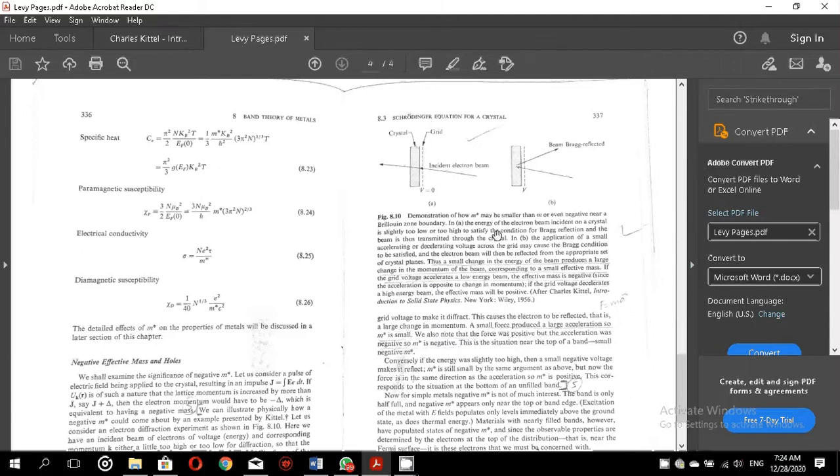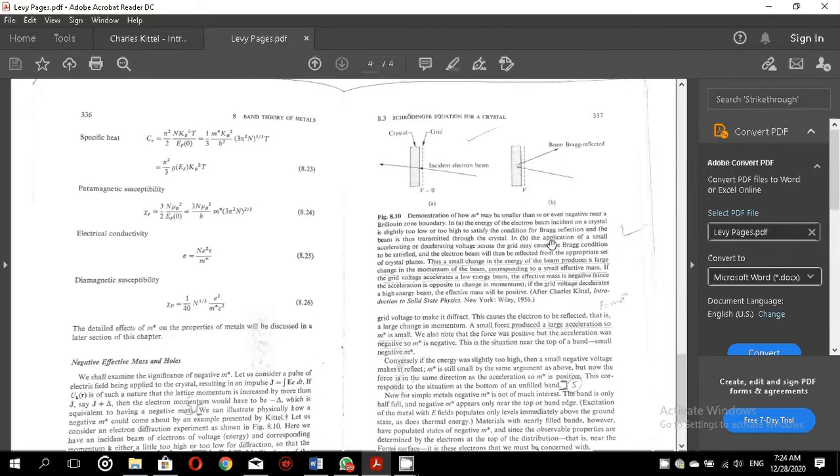In figure A, the energy of the electron beam incident on a crystal is slightly too low or too high to satisfy the condition for Bragg reflection, and the beam is thus transmitted through the crystal. So there is no absorption because the energy is slightly less or greater than the energy required for absorption.